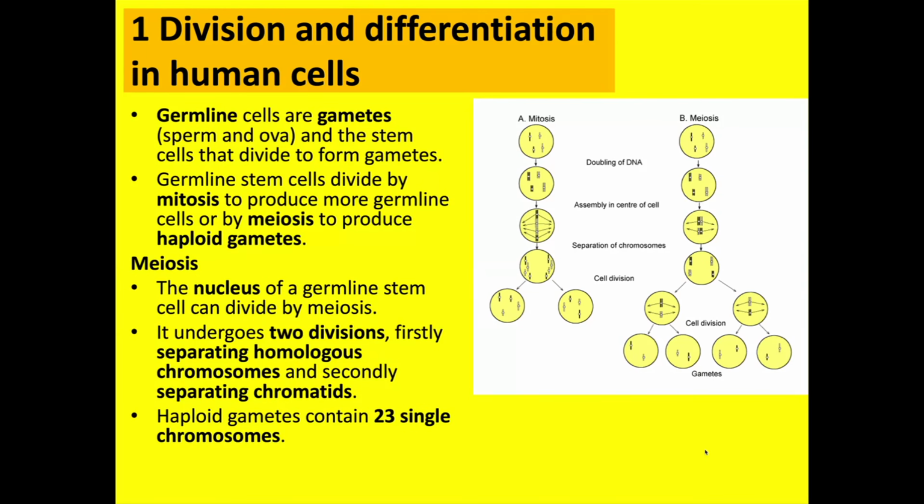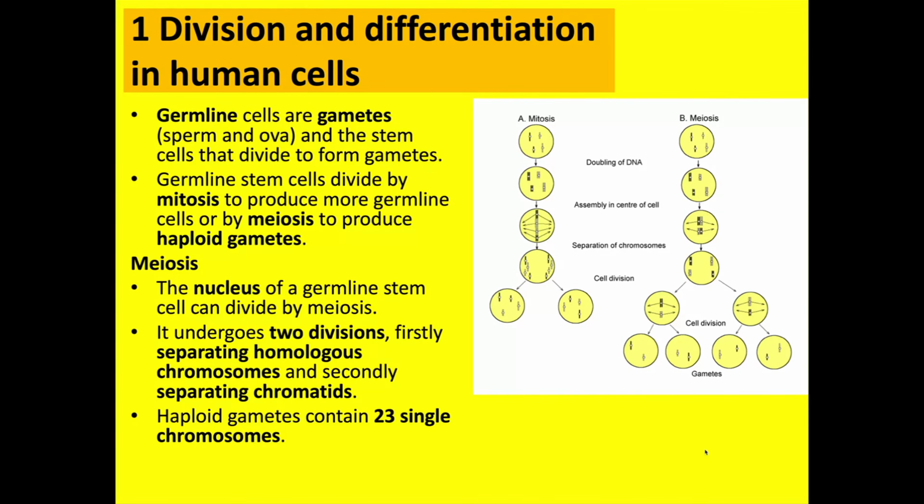So they line up at the equator as homologous chromosomes, and those two in the pair get separated to opposite poles. Now, the second stage is one that we're a bit more familiar with, where we are going to be separating chromatids in a similar way to how we did that in National 5 and mitosis. So there's two divisions, firstly separating homologous chromosomes, and secondly, separating chromatids.